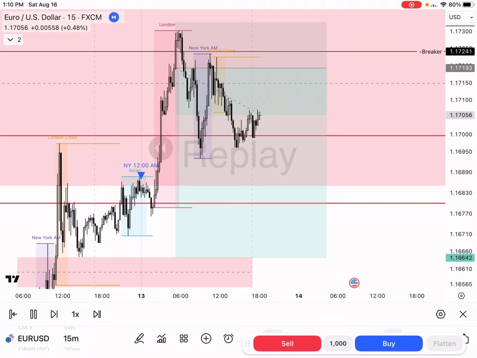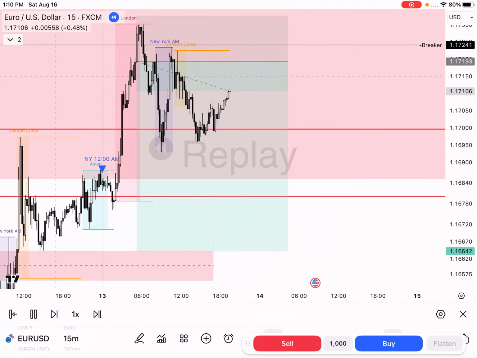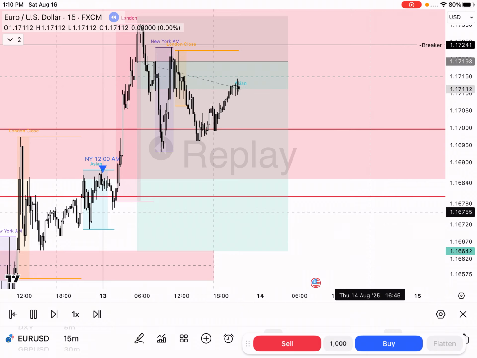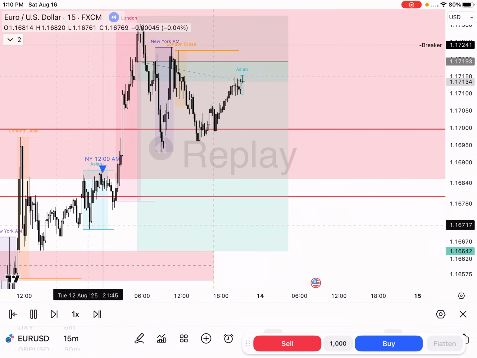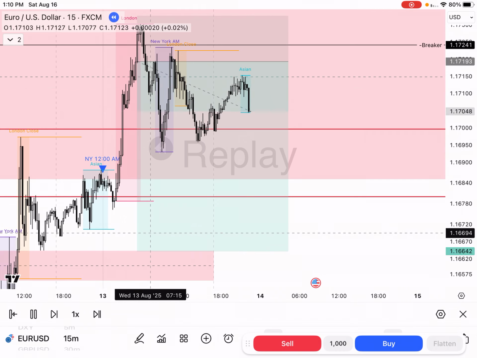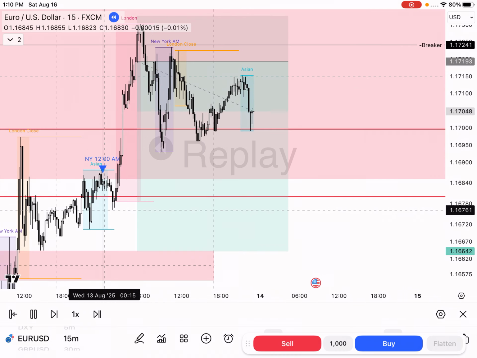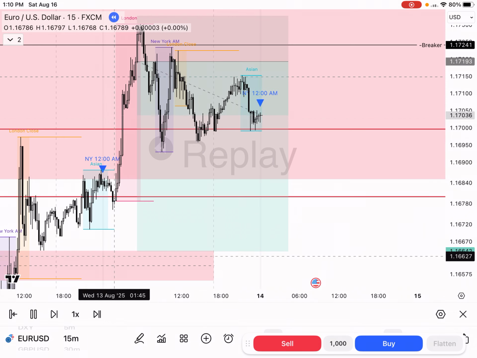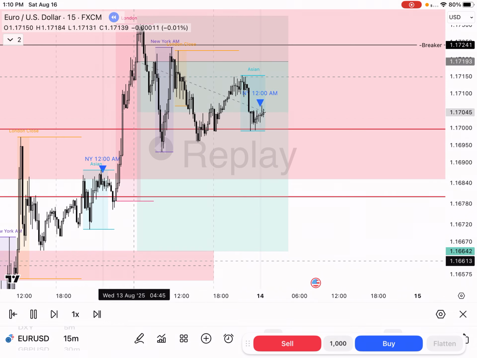Now we are going into the Thursday session. It was a highest probability trade because the market left these liquidities untapped. On the Wednesday session, if it had taken this FVG first, there was a high probability buy trade, but it was then not supposed to come down.